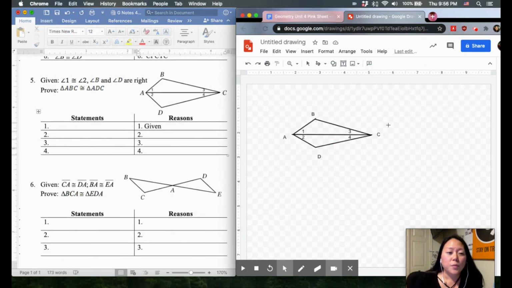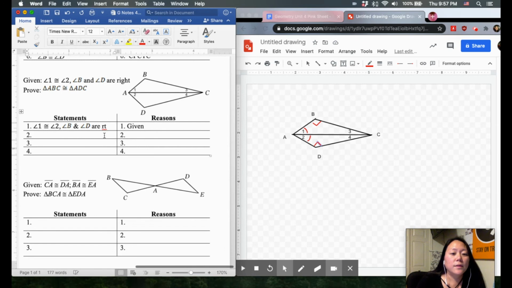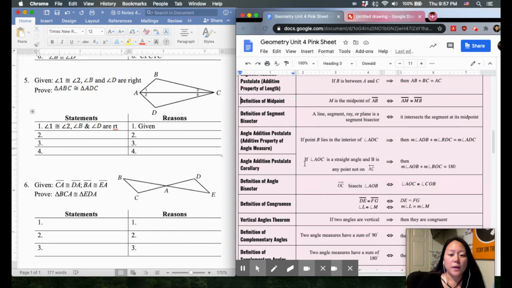Okay, so number 5, we're given that angles 1 and 2 are congruent, and then also angles B and D are right. Okay, so I'm going to go ahead and enter my given information here. All right, now one thing that we know about right angles is that they measure 90 degrees, and so they're congruent. There's actually a right angle congruence theorem.